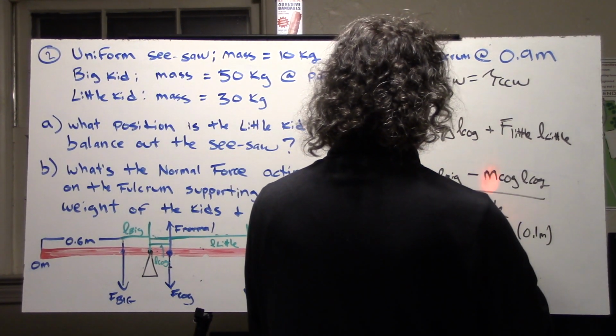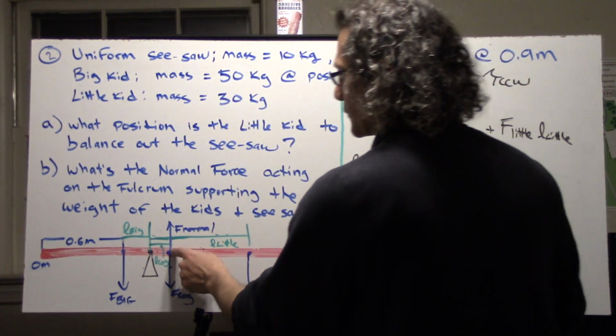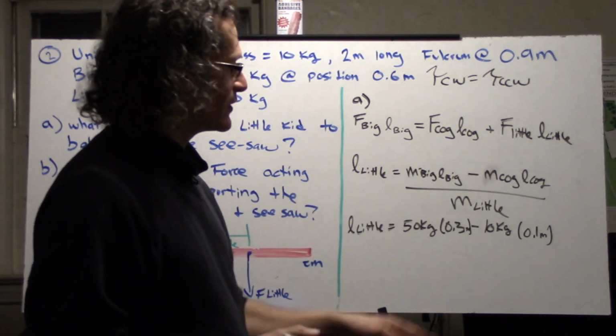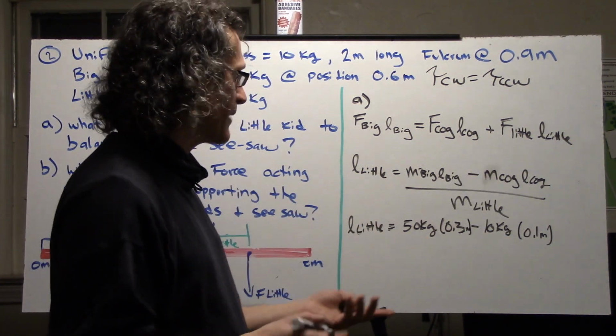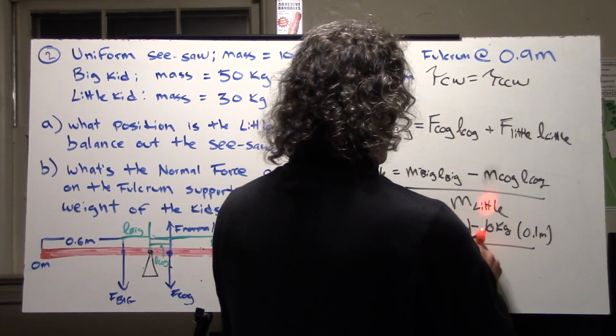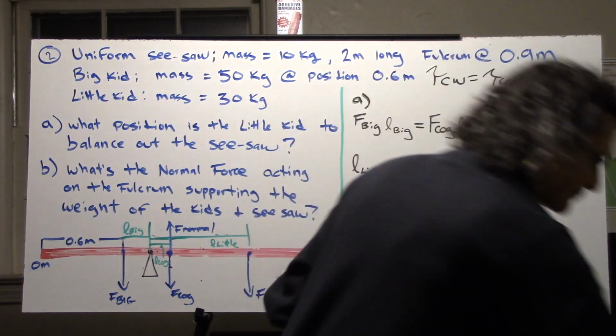And this should have meters. All right. We don't have to take into account the negative. The negative's already here from subtracting the other side, okay? So it's all set. And then we divide it by 30 kilograms, the mass of the little guy. So everything's been plugged in that way.